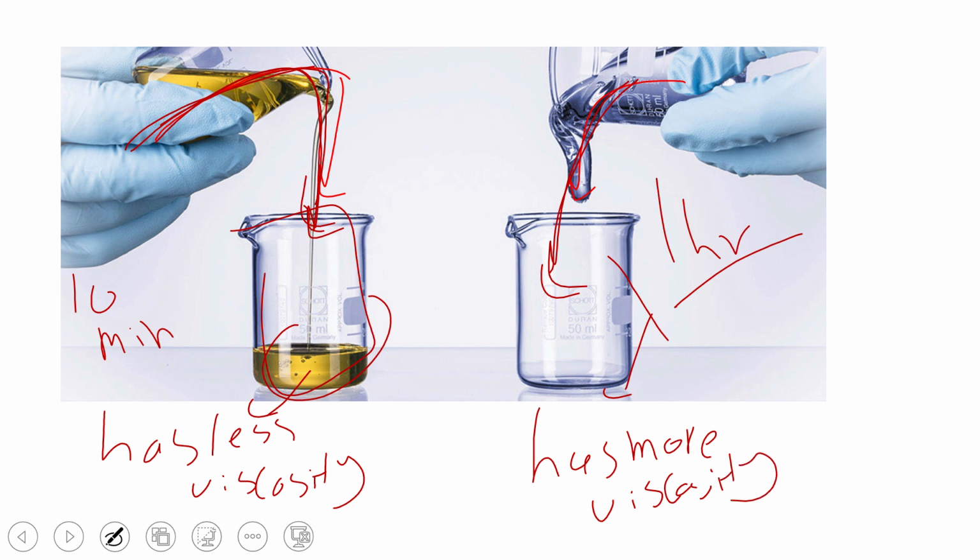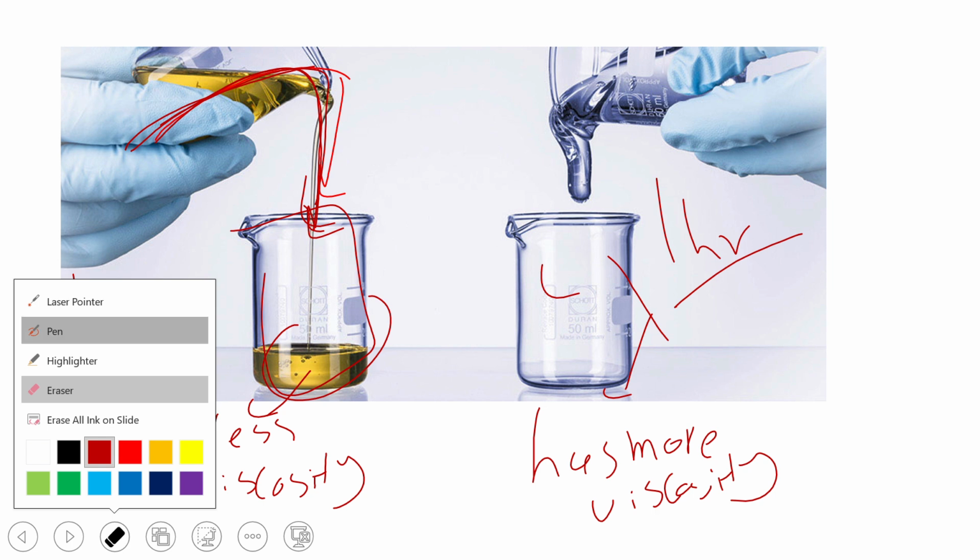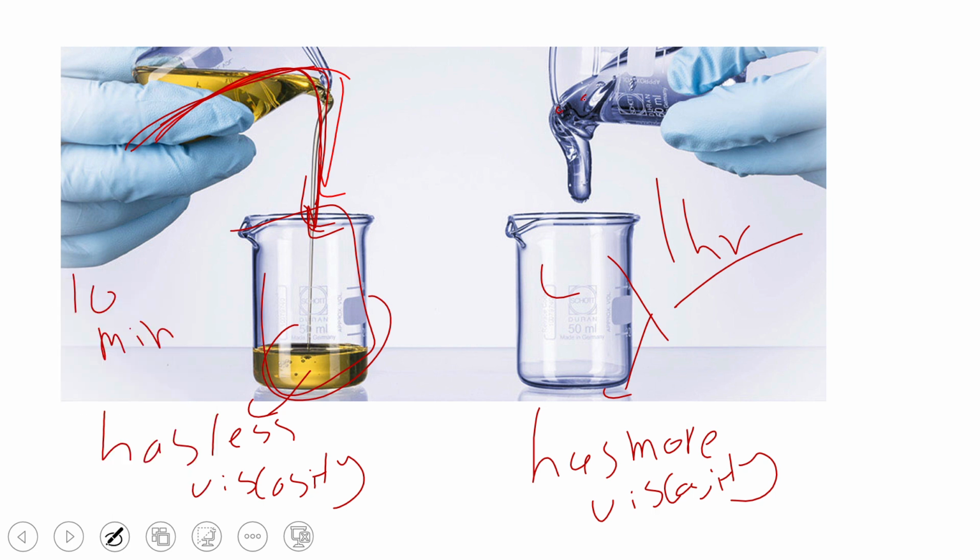Why does this liquid take 1 hour to flow? For example, this time is not right, I said it just for example. If it needs 2 minutes, for example, it takes 1 hour for this type of liquid to come out. Why? Because this type of liquid has more viscosity. Viscosity means there is internal friction between the particles or between the layers of the liquid.